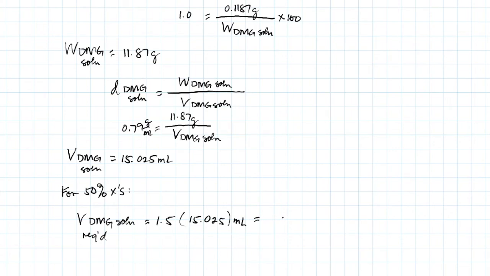That will give us 22.54 milliliters. And that's the end of our calculations. So the volume of DMG solution required is 22.54 milliliters.